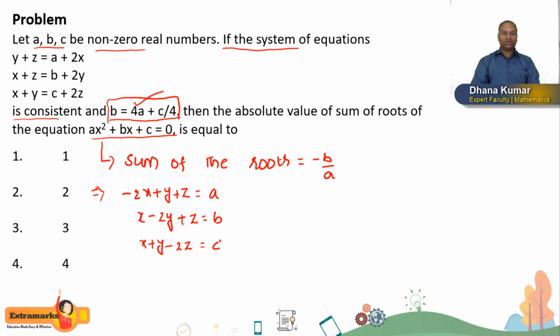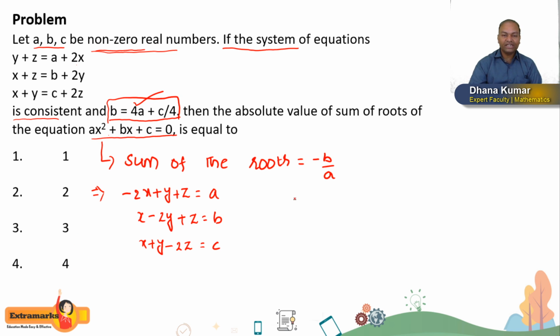C. Okay, here A, B, C are what? Non-zero real numbers. So non-zero real numbers means the given system is said to be homogeneous or non-homogeneous? Right, non-homogeneous. A non-homogeneous system of equations is given.